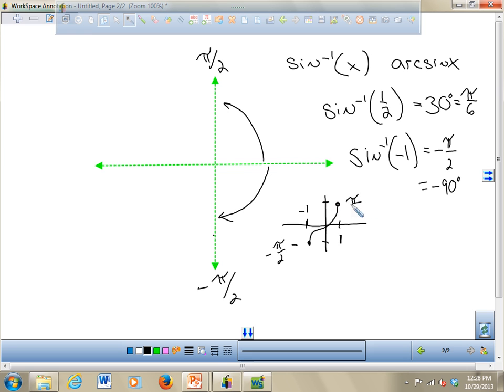Where I'm looking on this graph is when sine is -1, which is -pi over 2. But you get those answers from your unit circle, not really from the graph. If you plug that into your calculator, you should get about -3.14 divided by 2, which is -1.57.